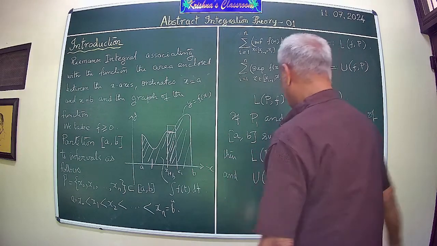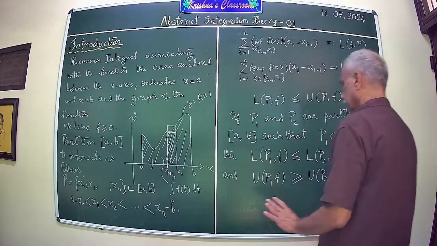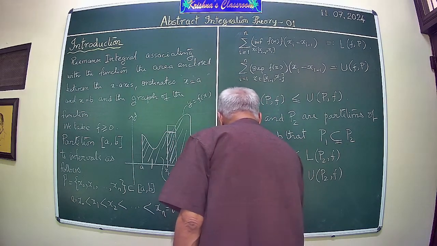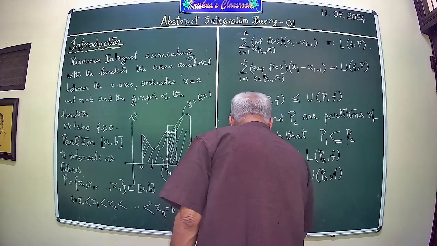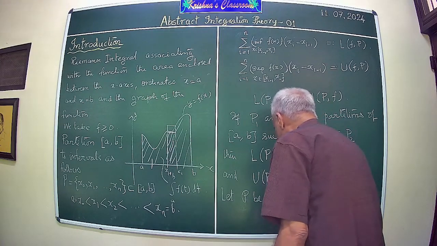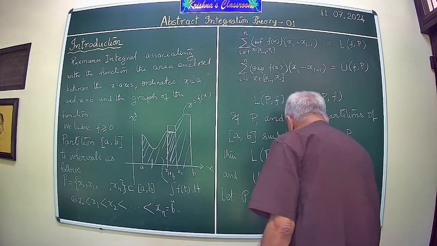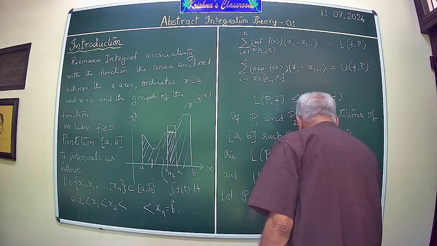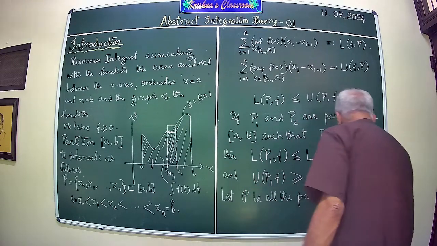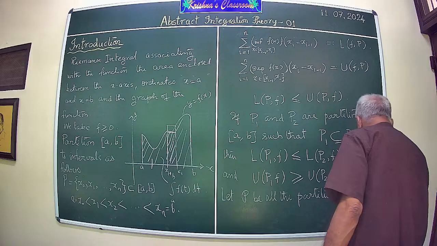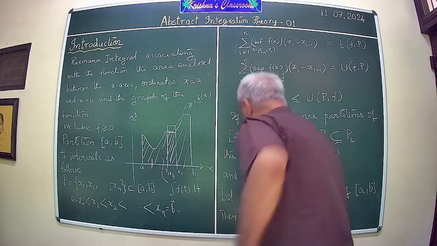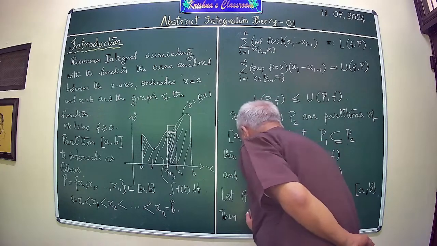This inequality is there for P1 contained in P2. Now let us take all the partitions of [a, b], then to see that, suppose you take these numbers.